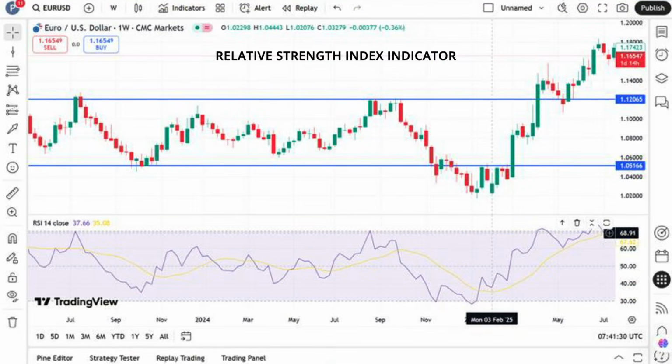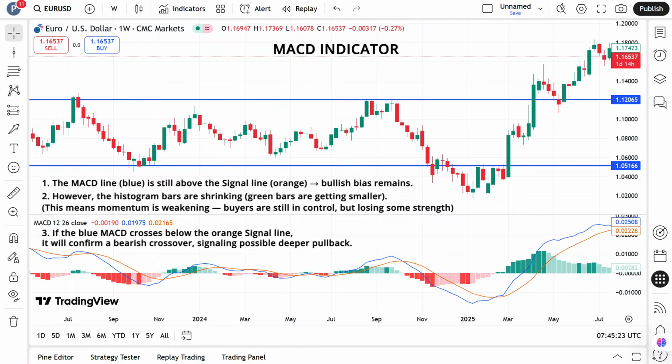On this Euro USD chart, if price dips below 30 near the 1.04495 support zone, that strengthens the case of a potential buy. And on the other hand, if RSI is above 70 in our resistance zone, that is a cue for a potential sell. Let's also use another indicator, the MACD indicator. The MACD indicator is used to show shifts in momentum.